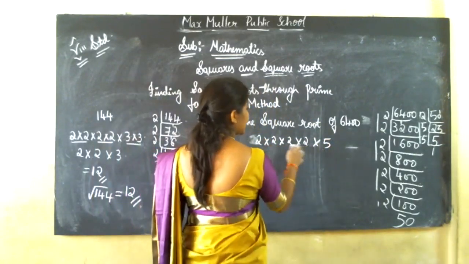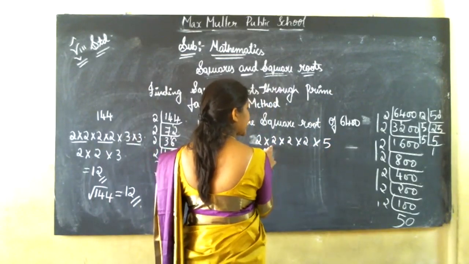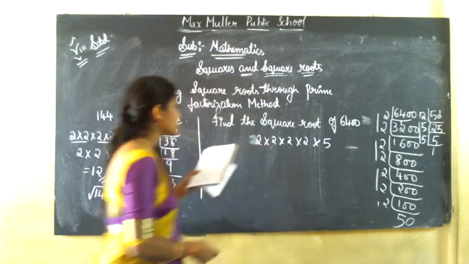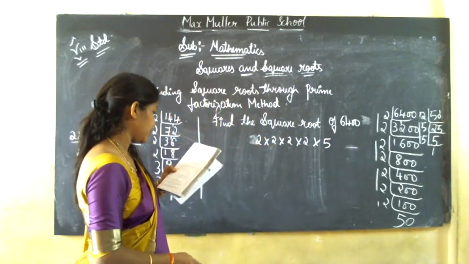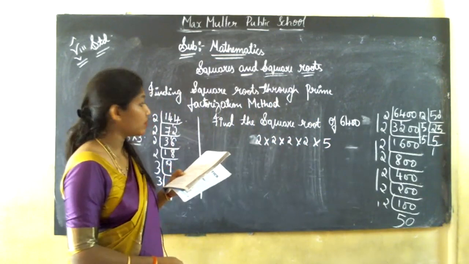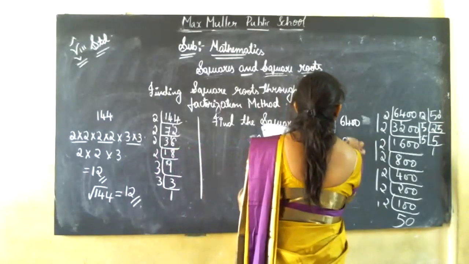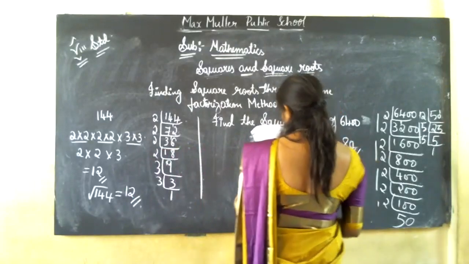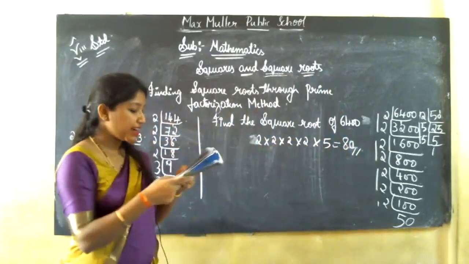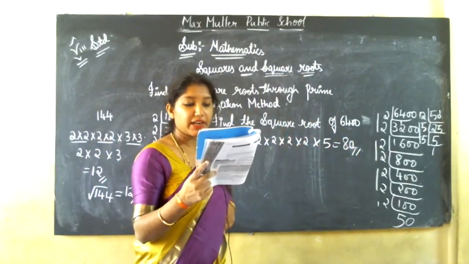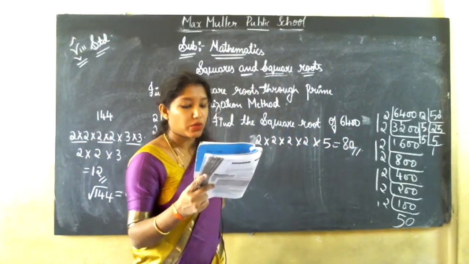So 5 2s are 10, 10 2s are 20, 20 into 2 is 40, 40 into 2 is 80. Hope all understood, students. Like that you have to find the square root for 6,400, and for higher numbers also.